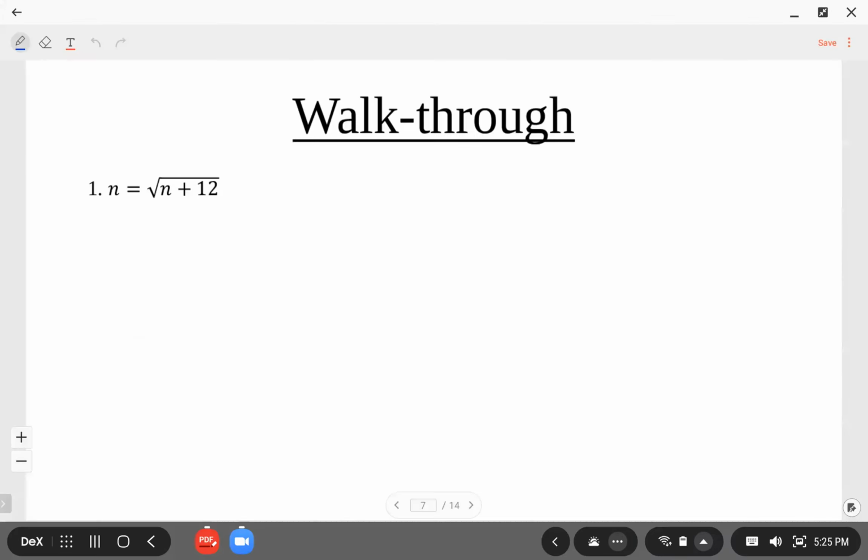I'm just gonna walk you through this one. So, basically, square both sides: n squared minus n minus 12, factor. Factor, kids.